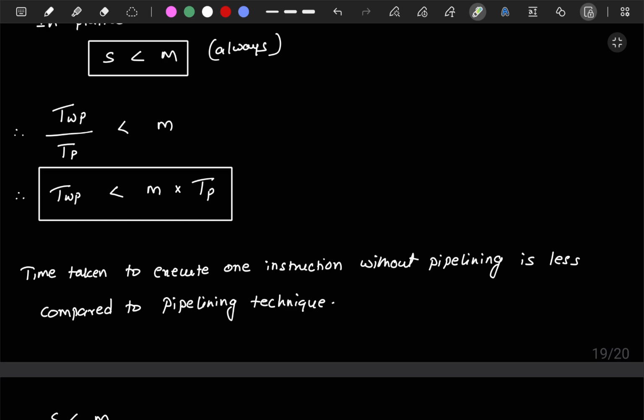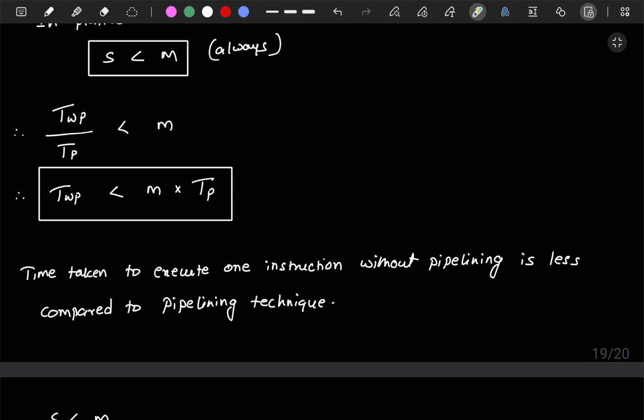That's why I told you that whenever the number of instructions is more, the efficiency of the pipelining technique will be more. When there is a very small number of instructions, that parallelism will not work. And when we reduce it to one single instruction, you can clearly see what happens: the pipelining technique takes more time compared to the non-pipeline technique.